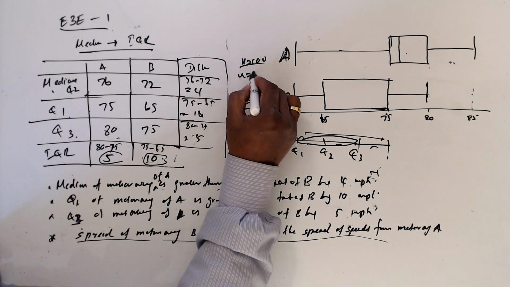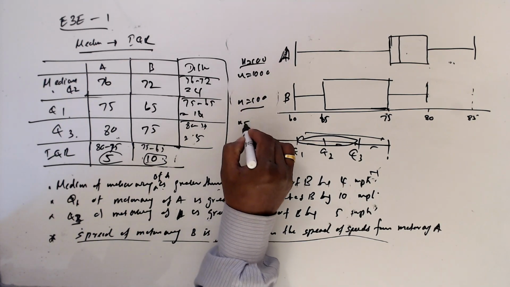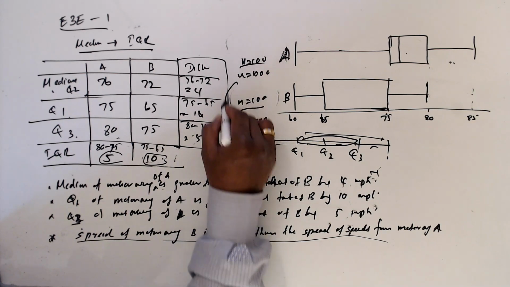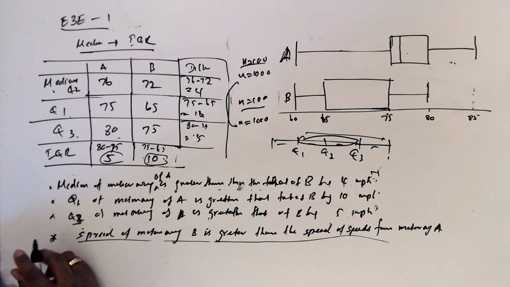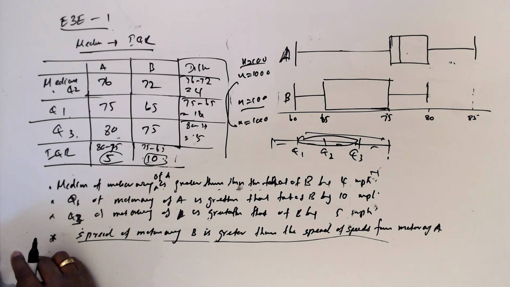If we make it n is 1000 and n is 1000, then the box plots are more accurate, so we can get good results. Now we don't know the number of cars; there are no more details.